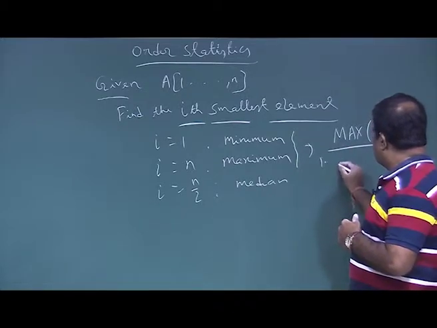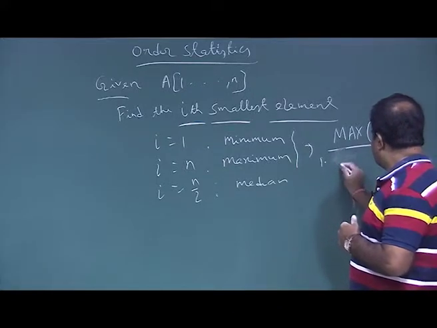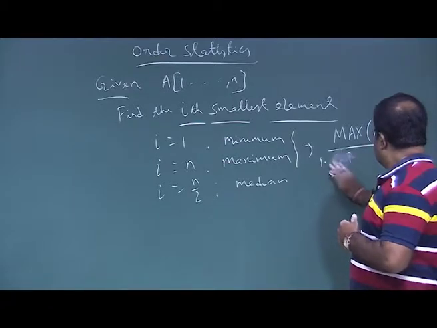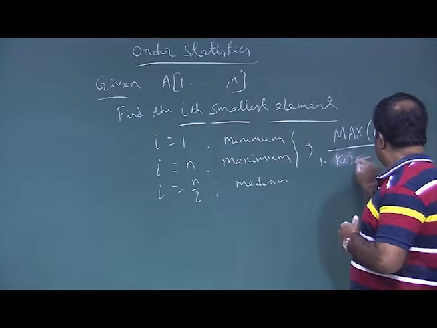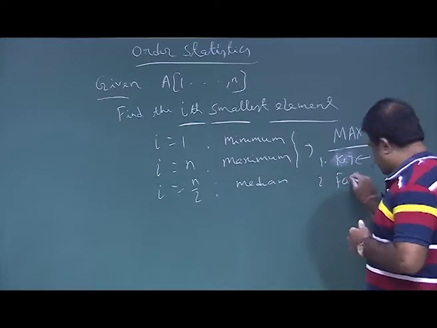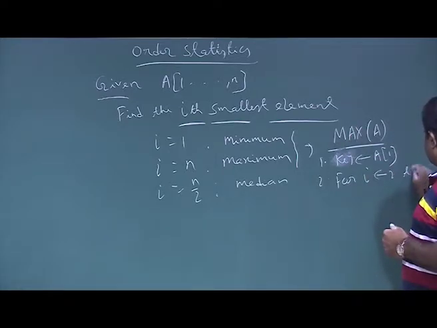We start by assigning key the value A1, and then we have a for loop for i starting from 2 to n.